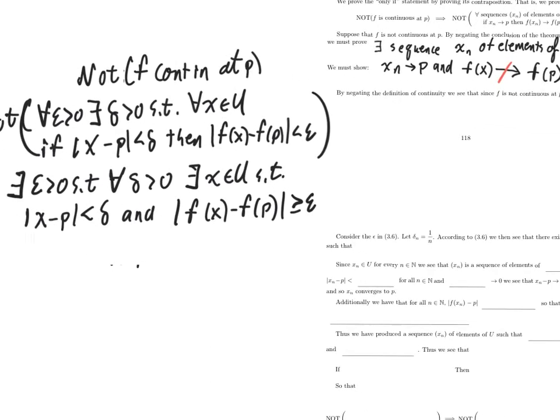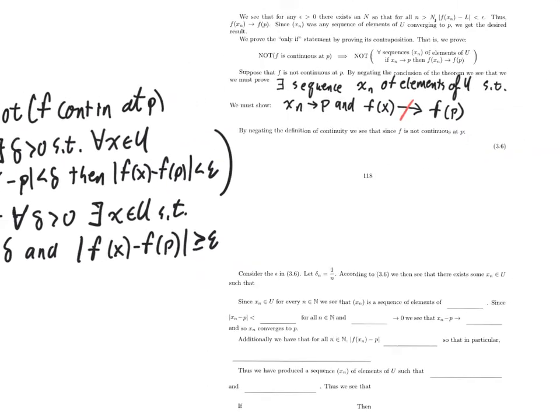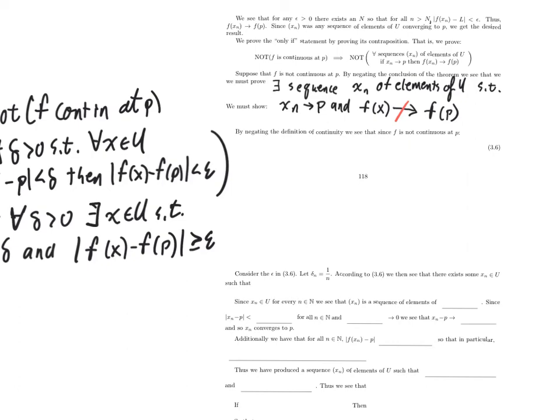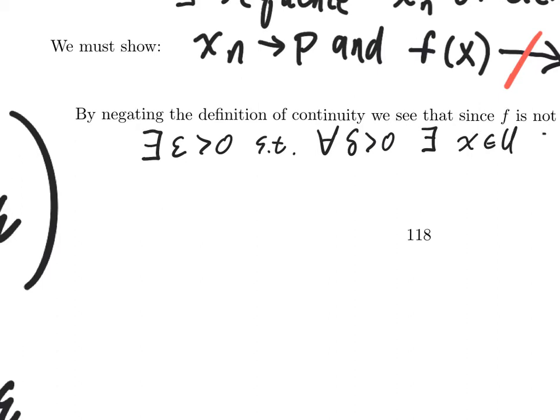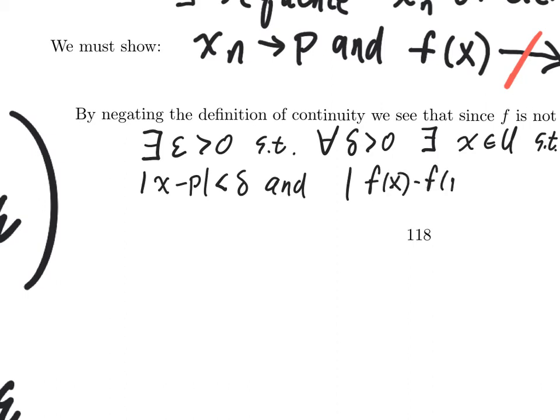All right, so let's write that down. Because f is not continuous at p, it follows that there exists an epsilon greater than 0, such that for all delta greater than 0, there exists an x in the domain U, such that the absolute value of x minus p is less than delta, and the absolute value of f of x minus f of p is greater than or equal to epsilon.